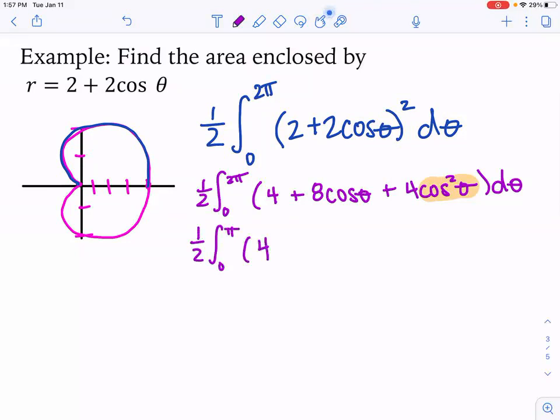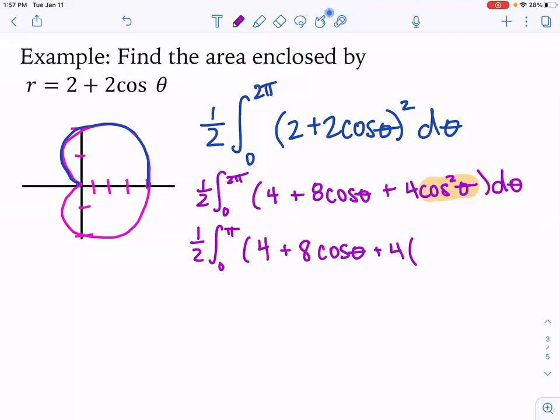Belly button. Haven't you ever seen the commercials where they poke his belly button? Okay. Andre. Cosine squared. I didn't realize the Pillsbury Doughboy was not relevant anymore.